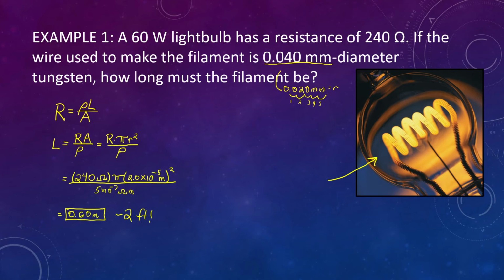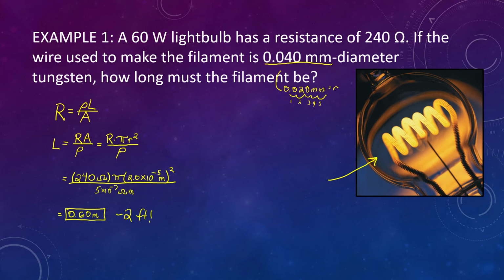Well, that's the whole point of a light bulb. You want to resist the current enough to make it get hot enough to glow and give off light. So the longer your wire is, the more resistance there is, the brighter your light bulb can get. So that's why we try to pack as much of the filament into the light bulb as possible. And if you uncoiled that, it would be about 2 feet long. So I just thought that was really fascinating.